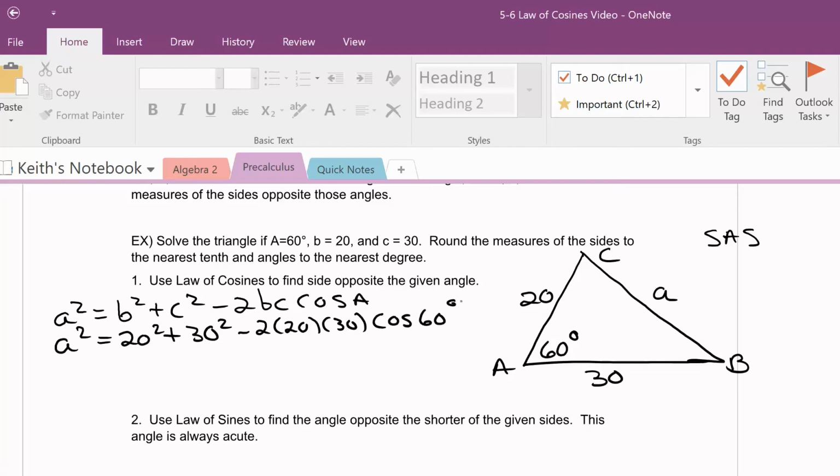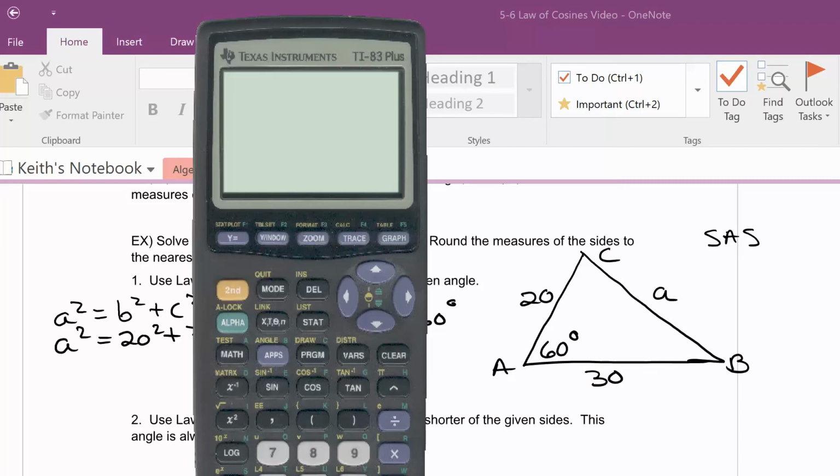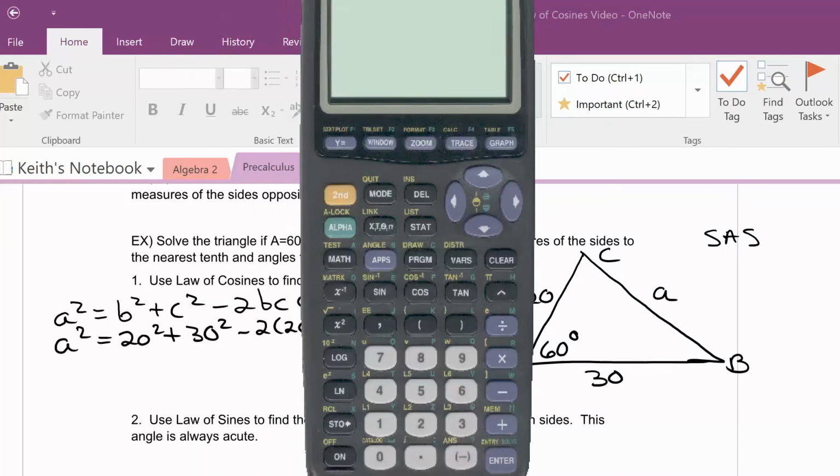All of this can be typed in your calculator. So you can go 20 squared.